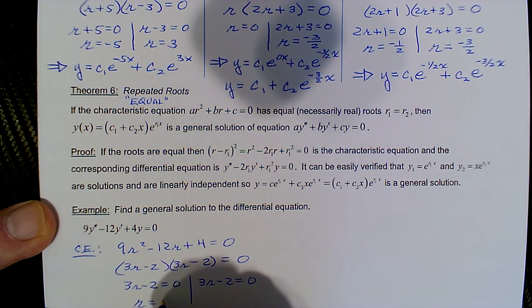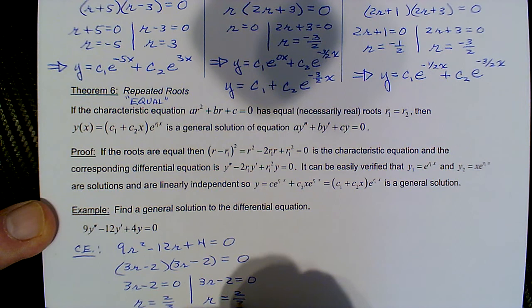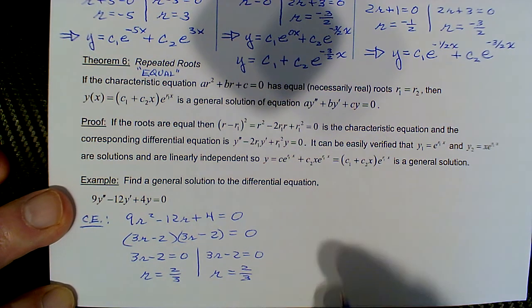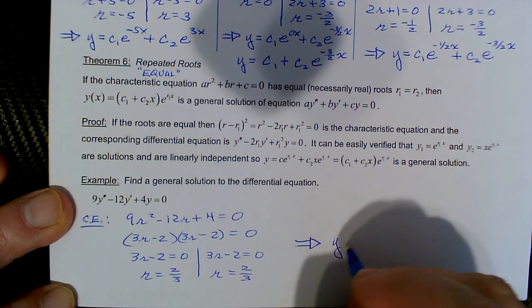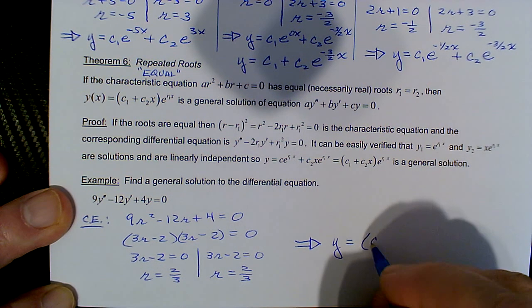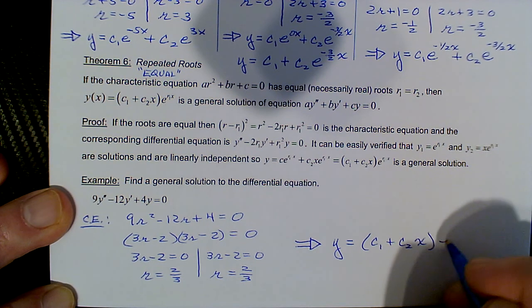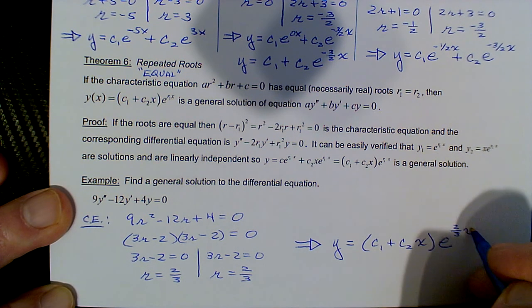So r is 2/3, and r is 2/3. So note that they are equal roots. So therefore the solution y is equal to c1 plus c2x times e to that common root, e to the 2/3 x in this case.